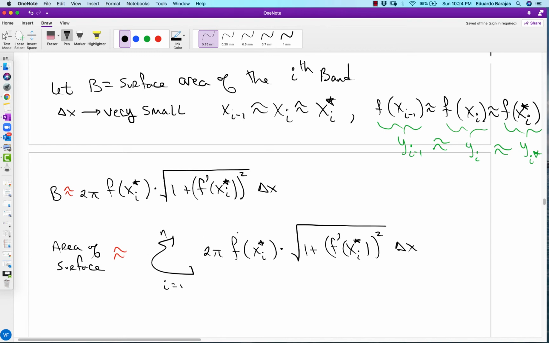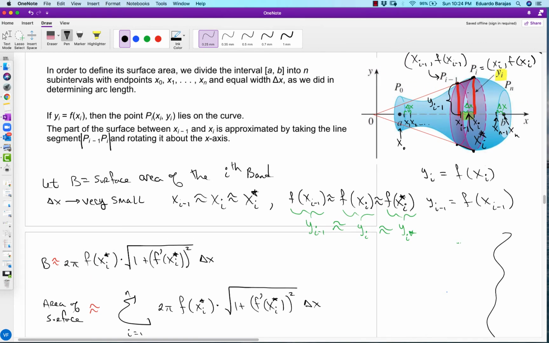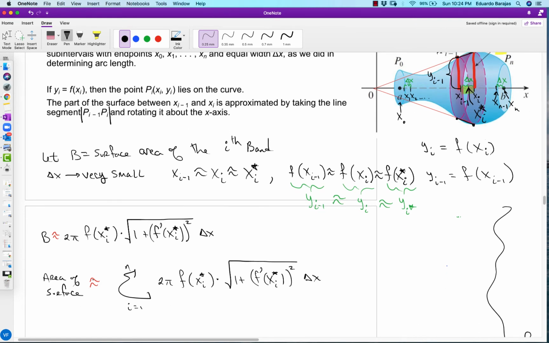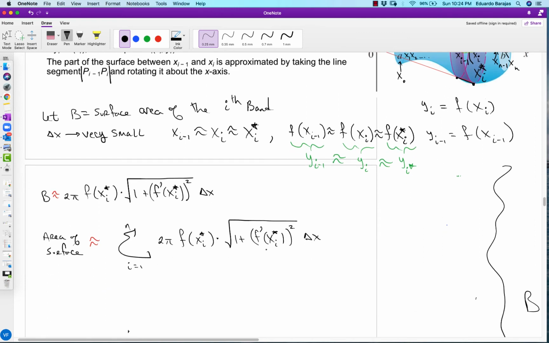So if we keep going, let's zoom out one more time. Let's come back up here. So this is just one band, but if we do this n different times and then find the surface area of all those individual bands and add them together, then we would get this approximation, where it would be kind of like this shape but made up of all flat panels. That doesn't seem like a very fun formula to actually figure out with any number of them.